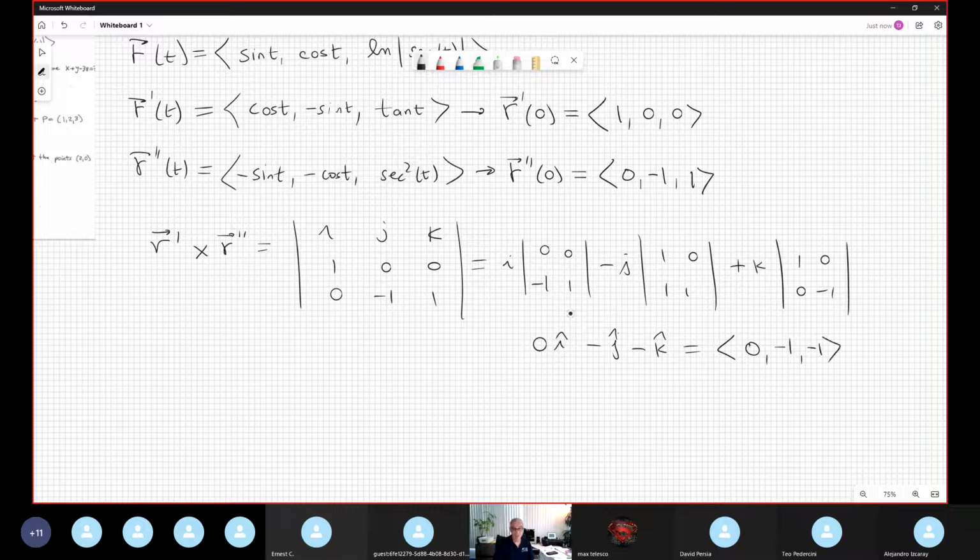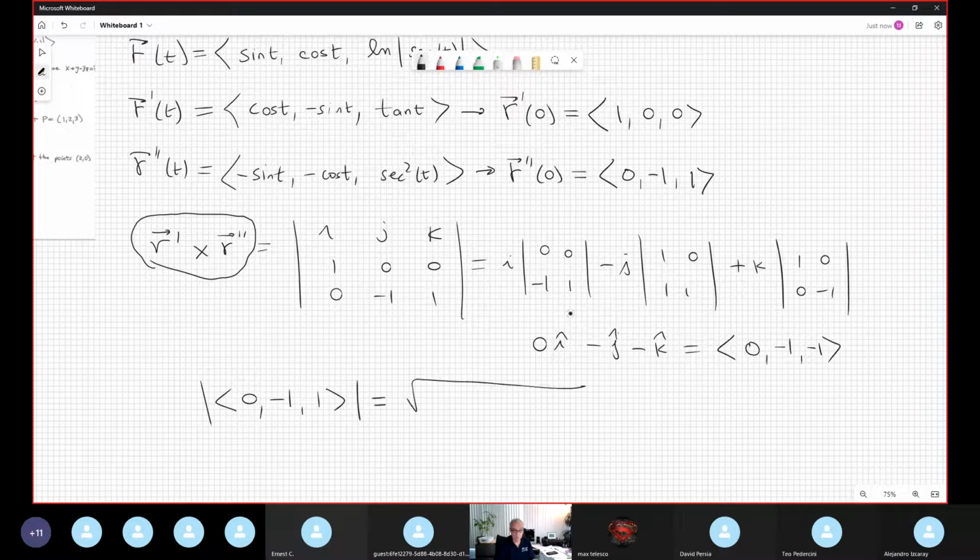This is the cross product between the first derivative, or velocity, and acceleration. And the magnitude of this is obviously the square root of 0 squared plus negative 1 squared plus 1 squared. 0 is nothing, negative 1 squared is 1, 1 plus 1 is 2, the radical 2.